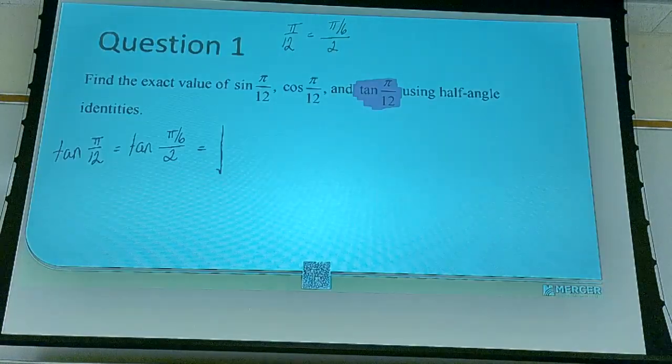Pi over 12 is quadrant 1, tangent is positive in quadrant 1, so we take the positive root.